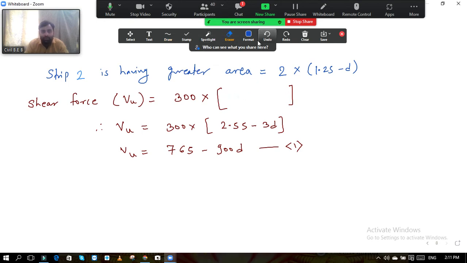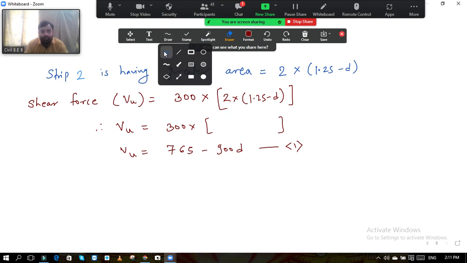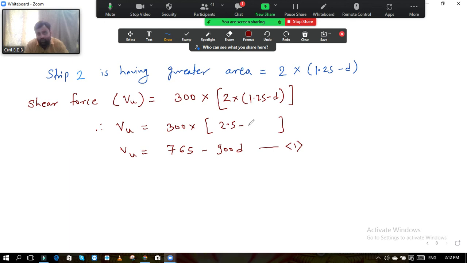So here also our area must be 2 into 1.25 minus D. Here also in the further calculations, now 2 into 1.25, so 1.25 into 2 is 2.5 I think, so it is 2.5 minus 2d.